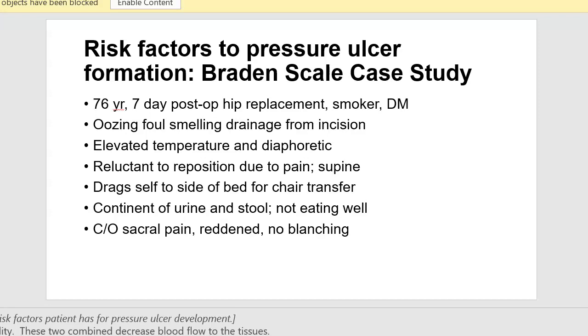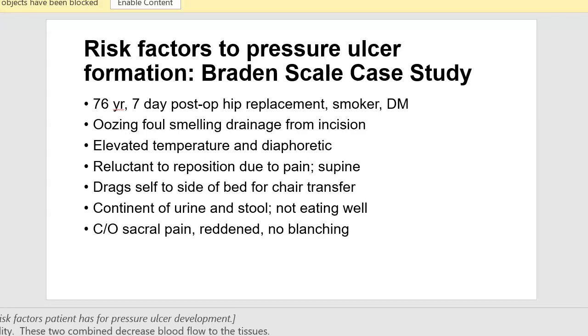He does have impaired oxygenation because of his history of smoking. He has poor nutrition. He has altered circulation, probably due to surgery. And question, because he has diabetes, does he have a possibility of atherosclerosis? And definitely diabetes increases his risk for infection and decreases wound healing.